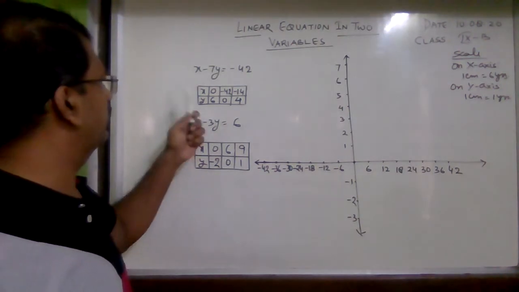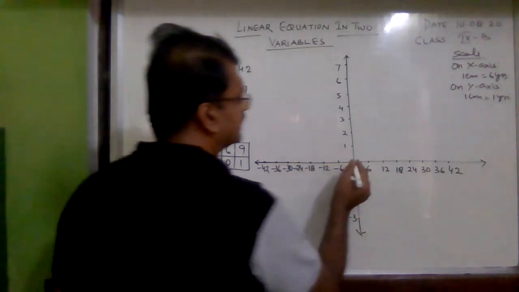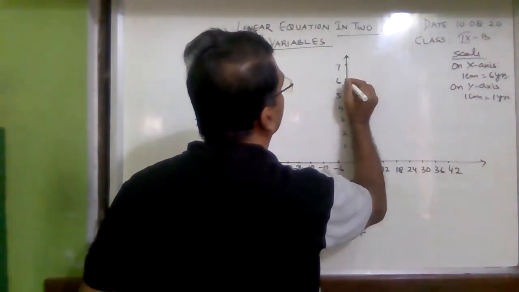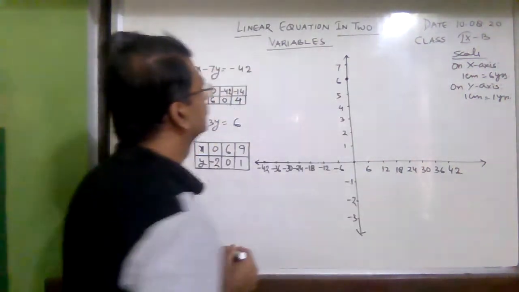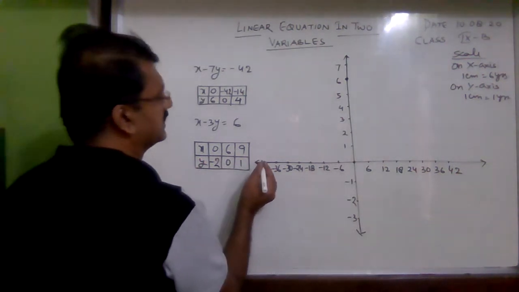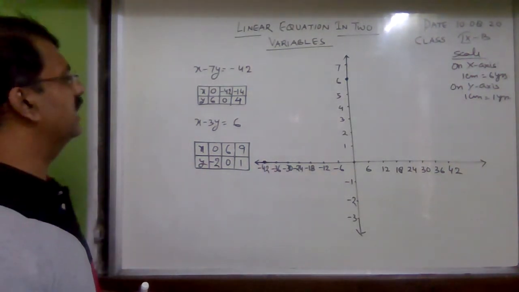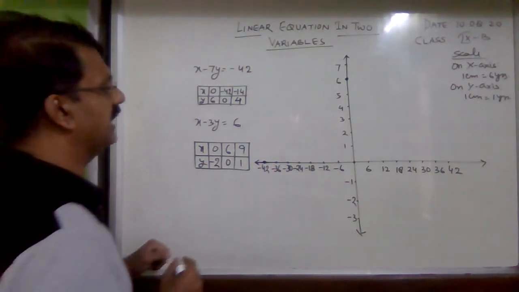Now if we draw the first, when x is 0, y is 6 here. When y is 0, x is minus 42 means here. Okay, and when x is minus 14, y is 4.